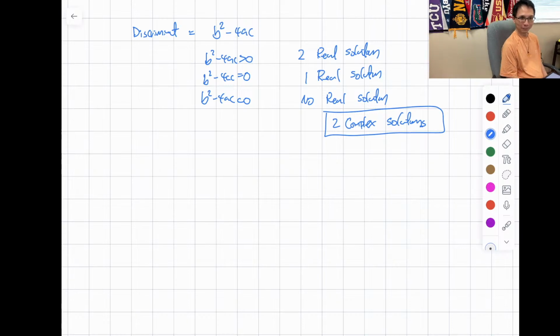So if you have a complex solution, it always comes in pairs. And I'm going to show you why. For example, take x squared plus 1. Do you see any x-intercept here?